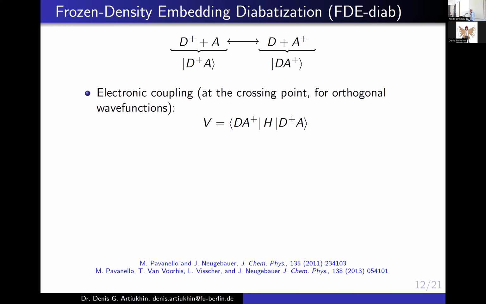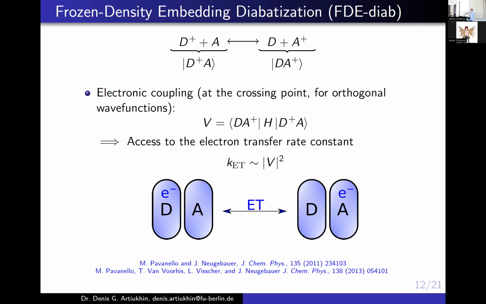This is an oversimplified consideration. Reality is more difficult, but the idea is that we can compute coupling terms. And this gives us access to electronic couplings, which are connected to reaction rate constants. And that's the way people try to simulate electron transfer reactions in very large biochemical systems.